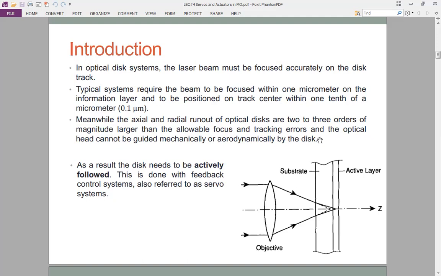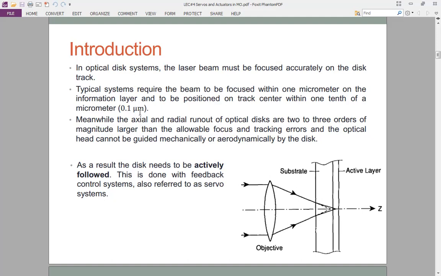So what it means is, despite the fact that a laser spot must be within the track to within 0.1 micrometers, the movement of the optical disc is much larger, 2 to 3 orders larger than the requirement, which is the 0.1 micrometer. So what does it mean?